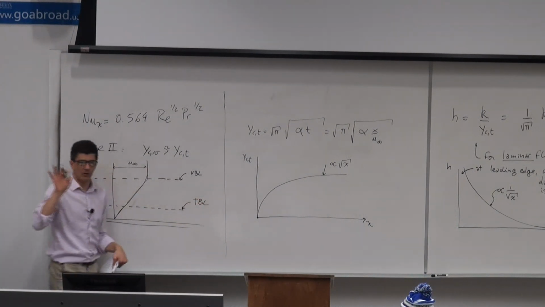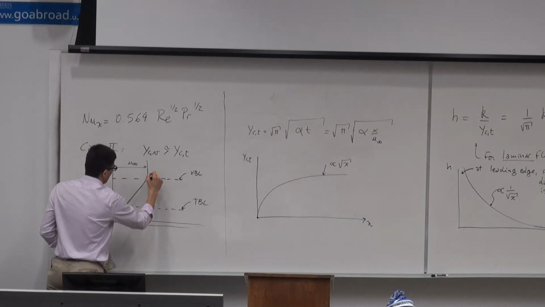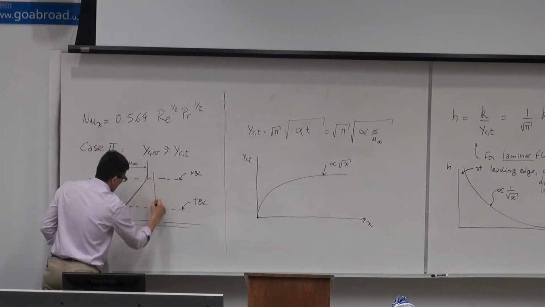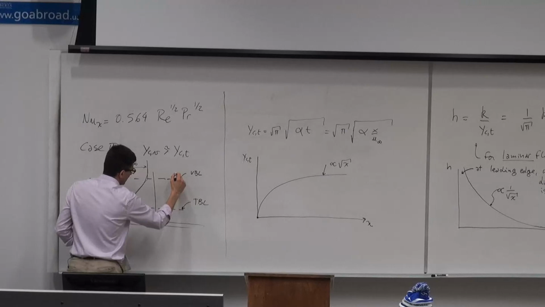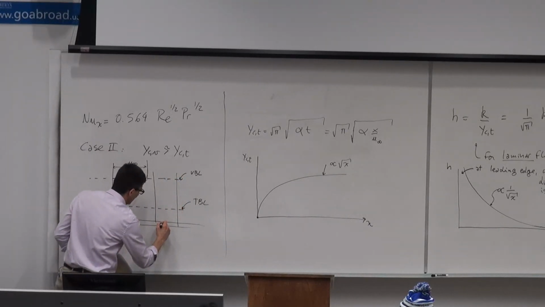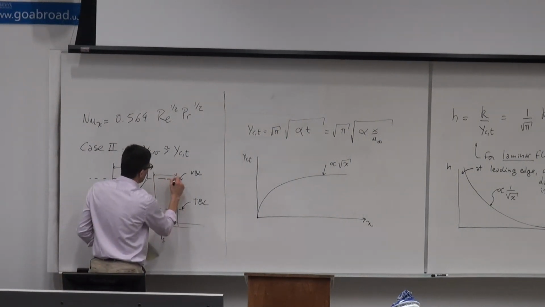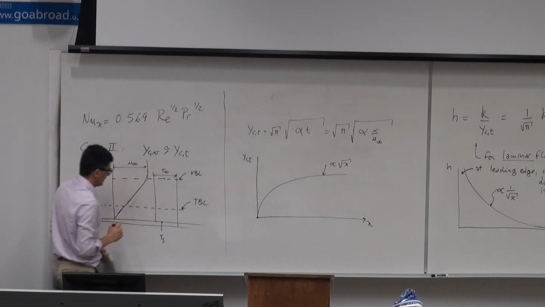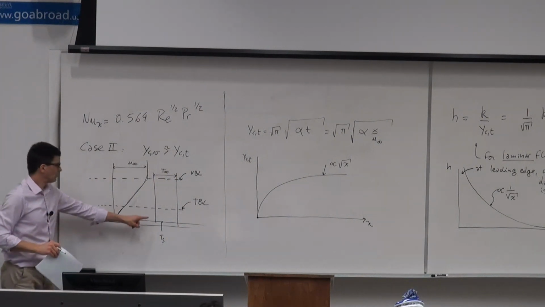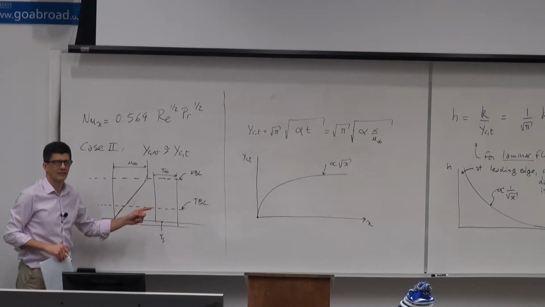This is the opposite of the other case, right? And I'm going to make it a little bit shifted, but if I make a thermal boundary layer, now it starts at Ts, here this is Ts, and goes to T infinity. How do I go from here to there? Where do I bend? This one, right?